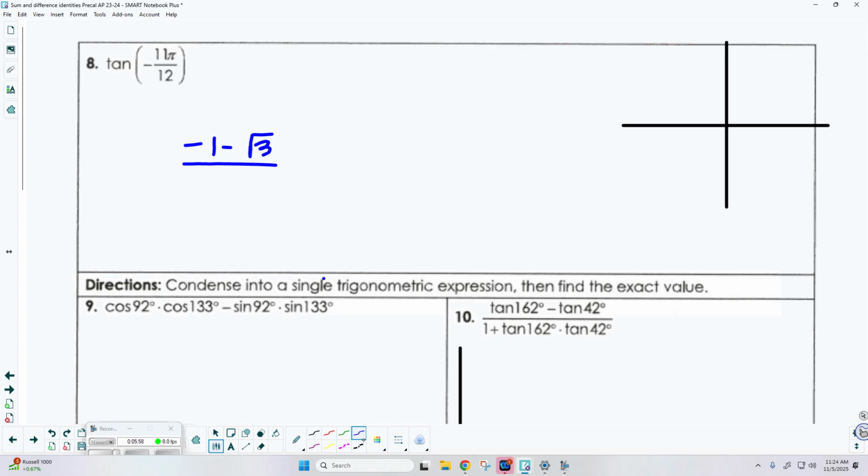Okay. So -1 is 1 plus square root of 3. So is that correct? So it's -1 plus. Okay. So this is where we left everybody off yesterday.